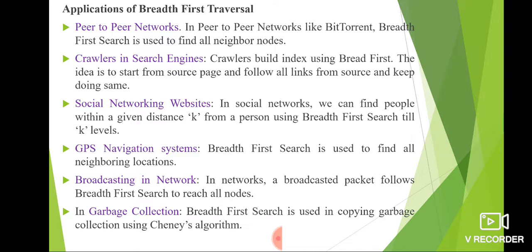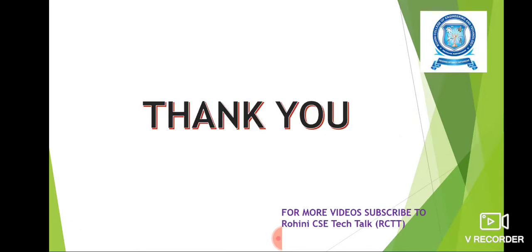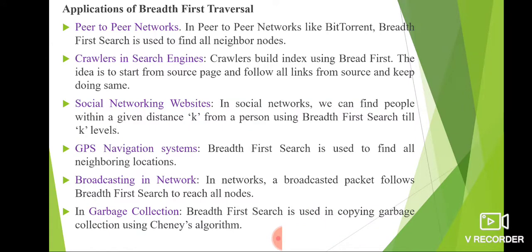In a GPS navigation system, breadth first search is used to find all the neighboring locations. In networks, if you want to broadcast some packet, you can go with breadth first search to reach all the nodes. For garbage collection also, we can use the breadth first traversal algorithm. These are the specific applications of breadth first traversal.